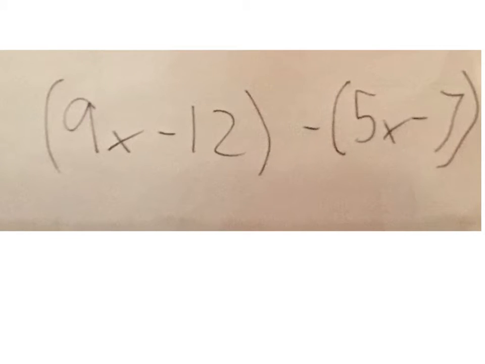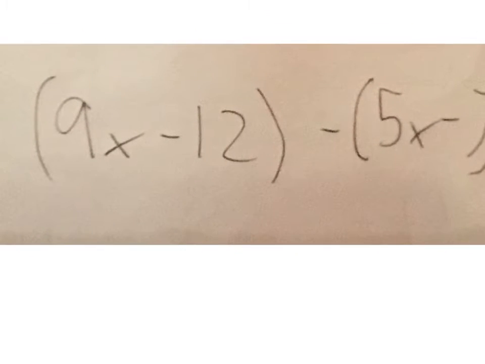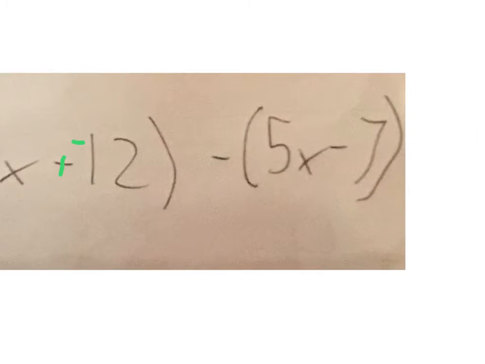So for this equation, we need to subtract, but in order to make things a little easier, we can add. So the first thing we could do is we change this subtraction into an addition and change the 12 into negative 12. Then we do the other one. So instead of 5x minus 7, it's 5x plus negative 7. Then we have the one in the middle.